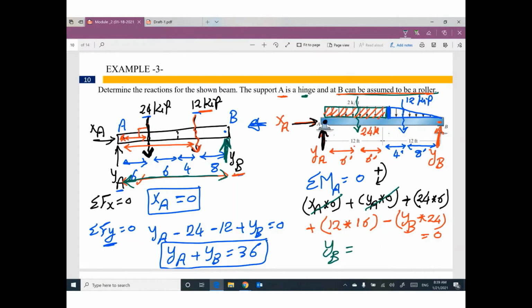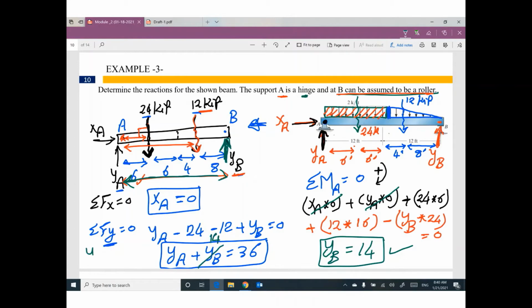Your value of YB will be 24 times 6, plus 12 times 16, divided by 24. This one will be 14. Once you have calculated YB, I can put here YB equals 14.